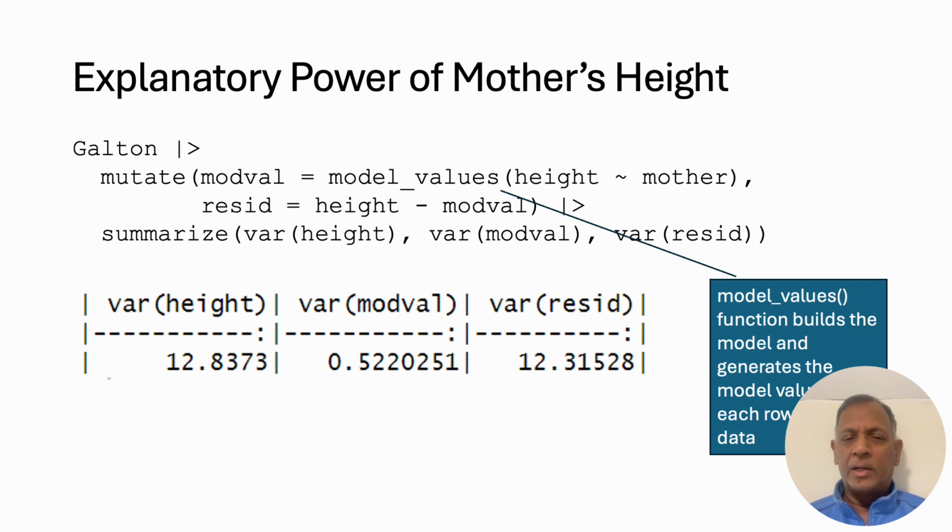The model is explaining only a little bit of the variation in the response variable. A lot of the variation remains unexplained. The 12.32 of the variation in the height remains unexplained. The model doesn't account for that much. The model only accounts for 0.52 out of the 12.84.